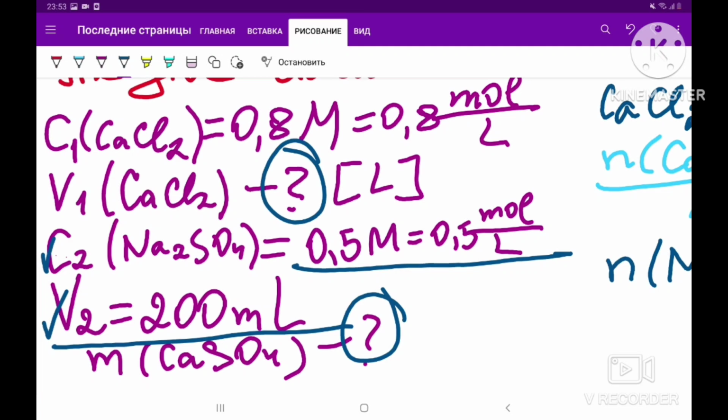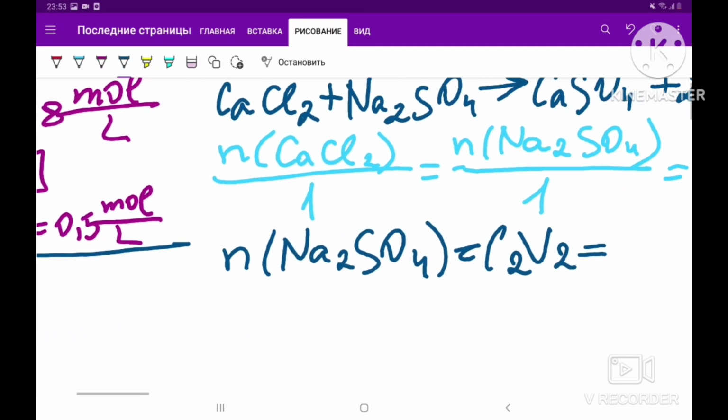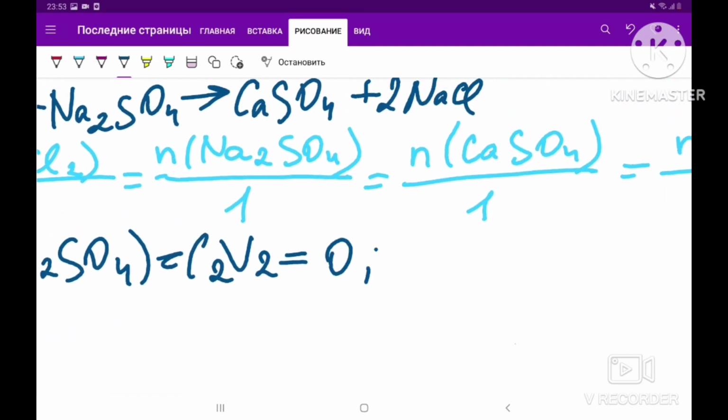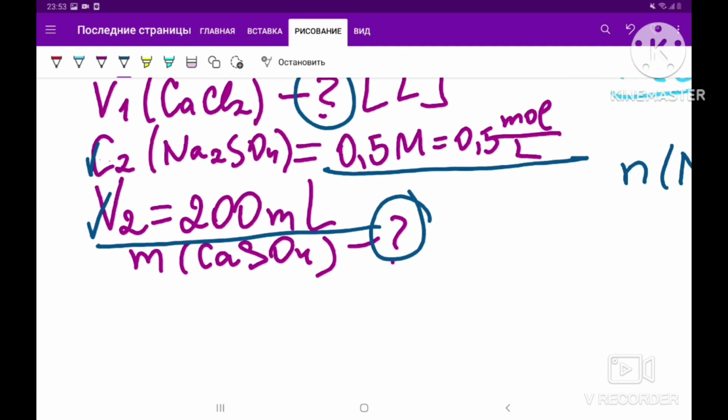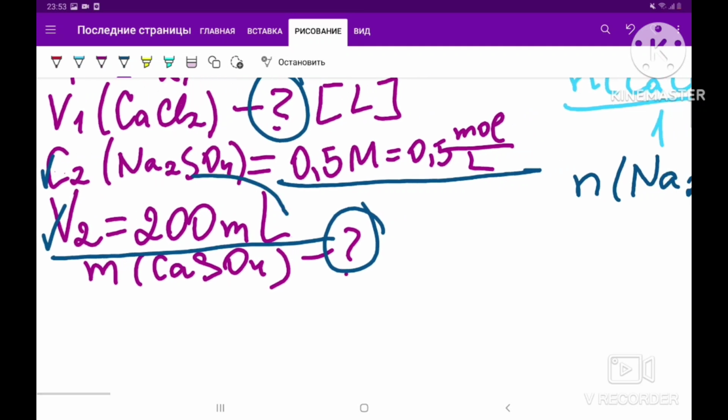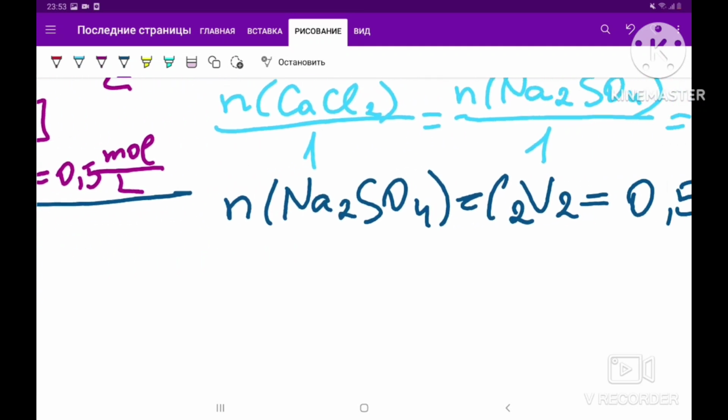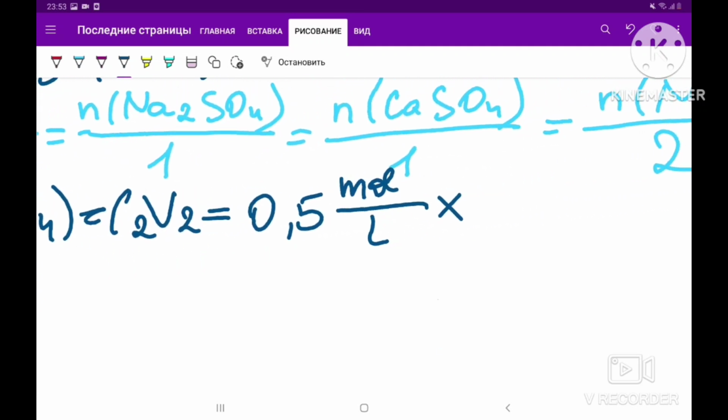So concentration is 0.5 mole per liter, multiplied by volume, which is 200 milliliters. Again, pay attention, here we have liters, here we have milliliters.